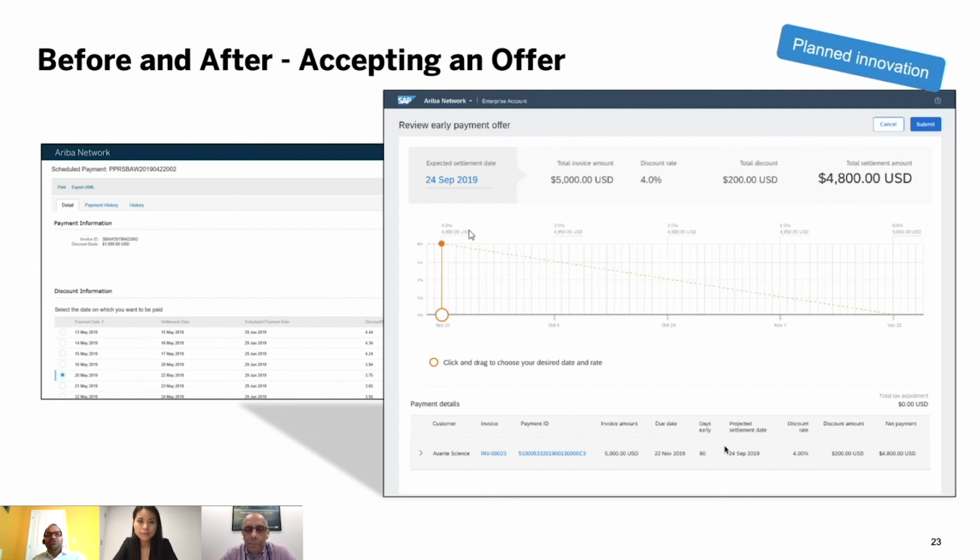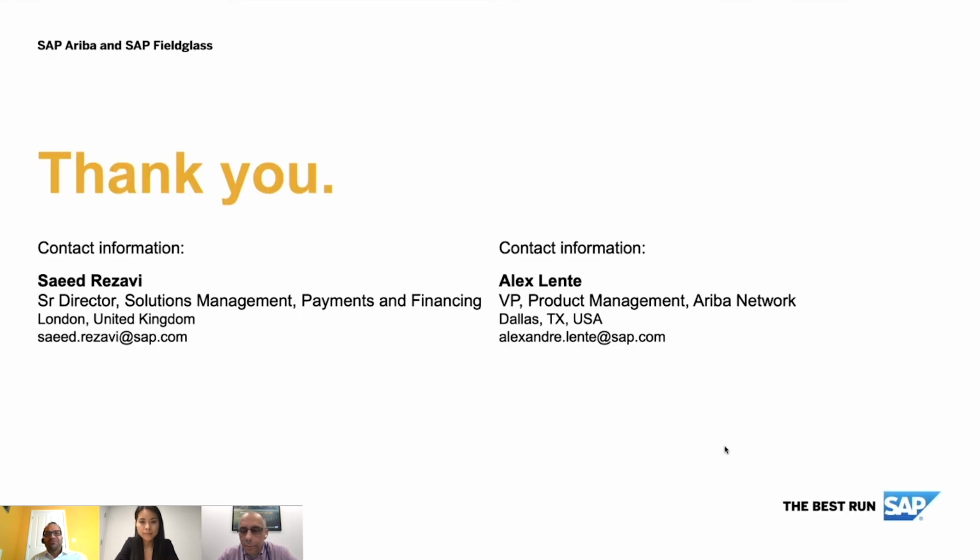So as a user, I can just hover the mouse and drag the payment date, and I'll see all the amounts change. So I'll see the invoice amount, I'll see the discount rate, the tax amount. All of that will change just as I slide my cursor along the different payment date options. So these are the new innovations that are coming in terms of improving the UI. With that, I will hand back to Lorraine.